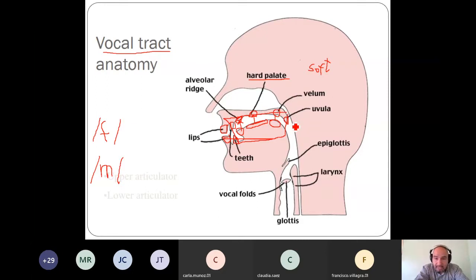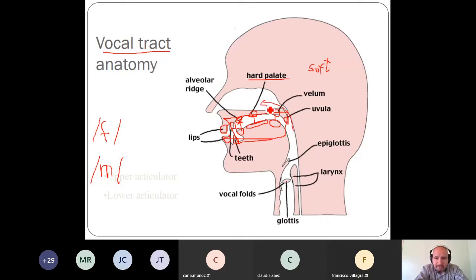For example, when you say the initial sound as in sing, song, sight, the airstream is not escaping through your nose.